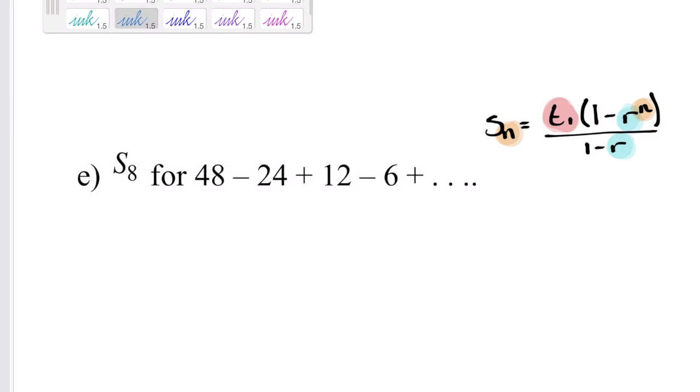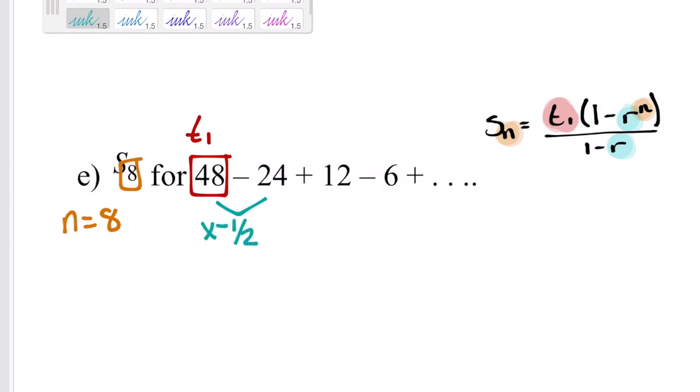I know I'm using 8 for my n, looking at 8 terms. My first term is going to be that 48. Then I need to figure out my ratio, how I'm getting from one term to the next. It looks like I would be dividing by -2 to get the sign change, which means I'm multiplying by -1/2. That works for -24 to +12 and +12 to -6. So there's my r, and I have everything I need to plug in.